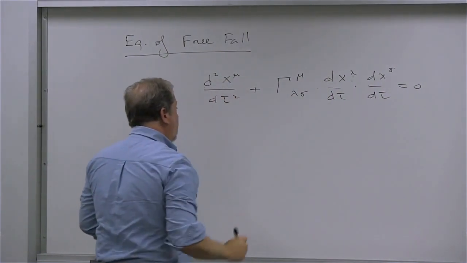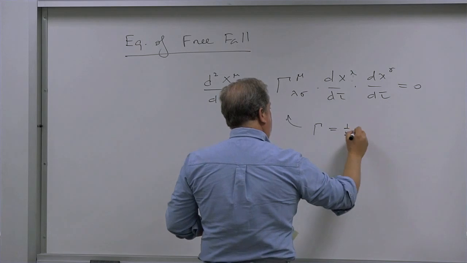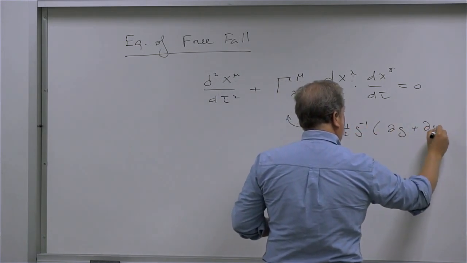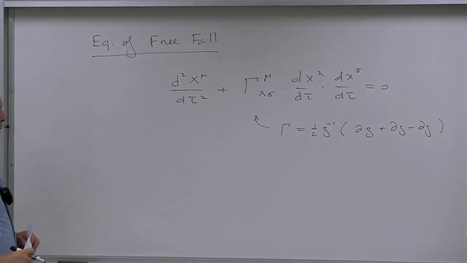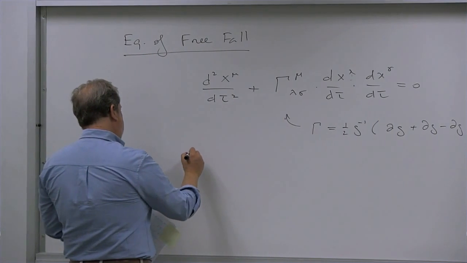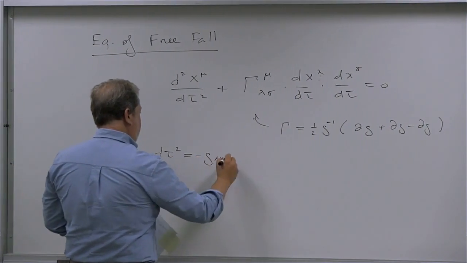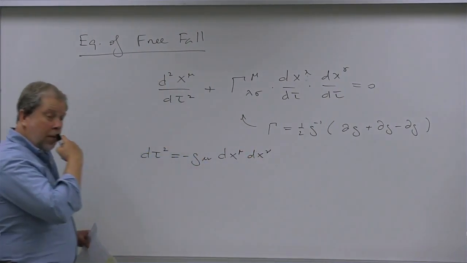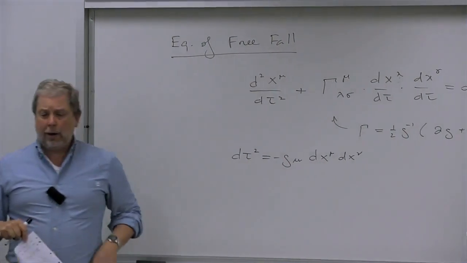And we also learned that gamma is equal to 1/2 times g to the minus 1 of dg plus dg minus dg, some combination of derivatives of the metric, where the metric is defined by the proper time interval as minus g mu nu dx mu dx nu. So the proper time interval that appears in the geodesic equation is this d tau here.